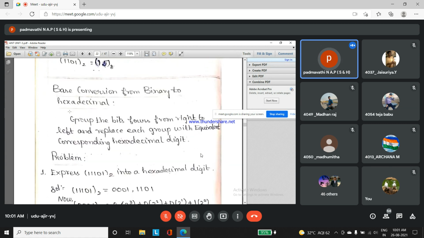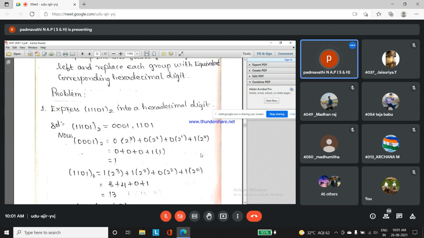Let's see the example. Express 11101 base 2 into hexadecimal. Given is the binary number. How can we find it? We know the procedure for the conversion from binary to hexadecimal: form groups of 4 digits from right to left.